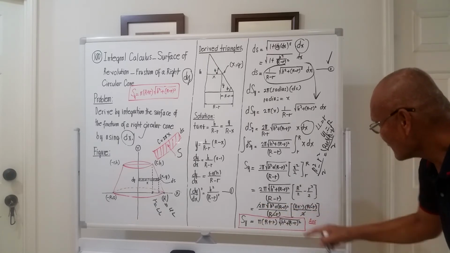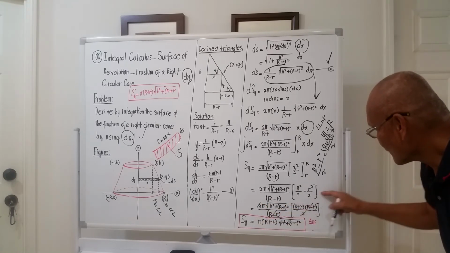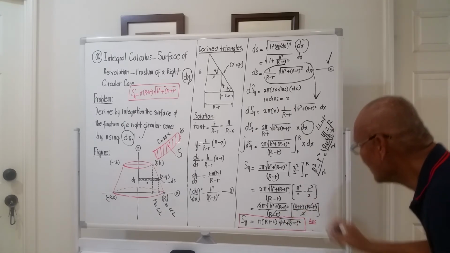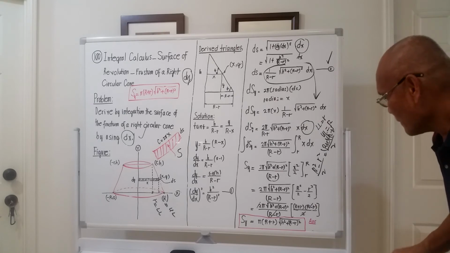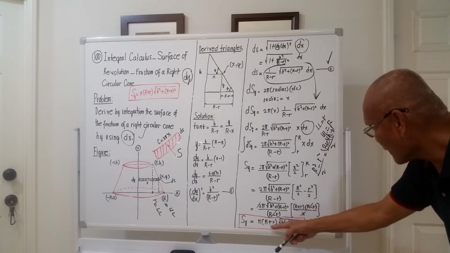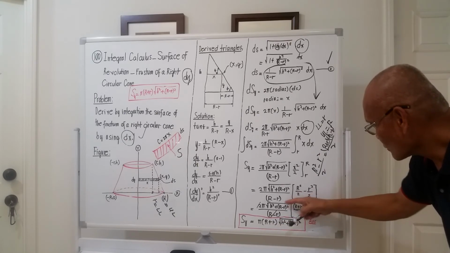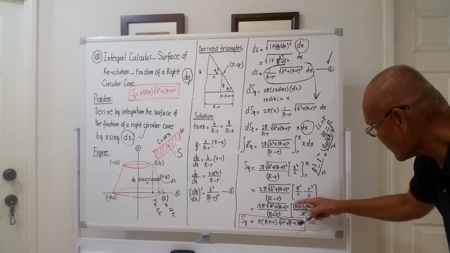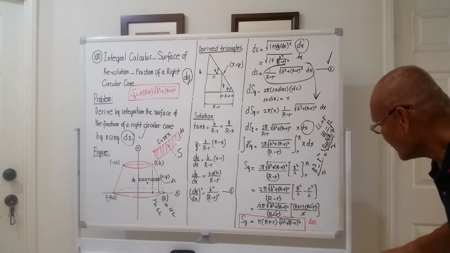These two here cancel. R minus r cancels with this. So what will remain will be pi times the sum of big R plus small r times the square root of h square plus the difference of big R minus small r quantity square under one radical sign.